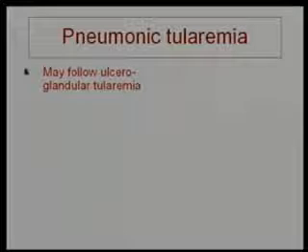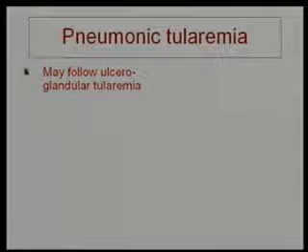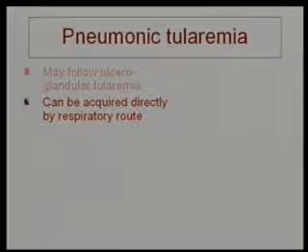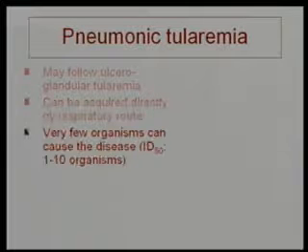As I was telling you, in Martha's Vineyard, Nantucket Island, I think it is, in the northeast, there was a case reported that lawn mowing or curbside grass mowing led to aerosolization and inhalation, and the guy got pneumonic tularemia. It can be acquired directly by the respiratory route. That's what I just emphasized.